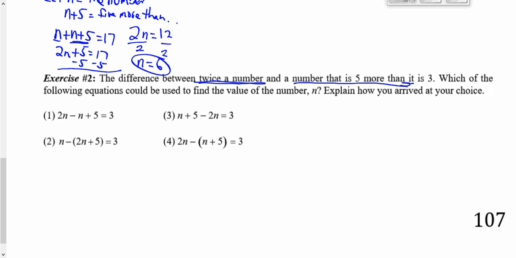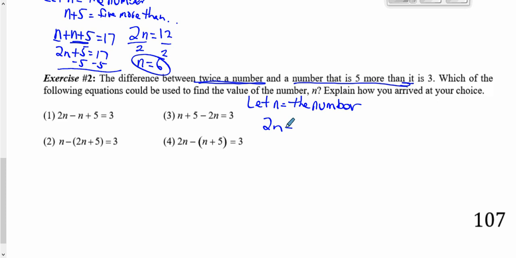Okay. So we want to let n equal the number. So the difference between a number and twice a number. So how do we write twice a number? Okay, 2n, and it says difference, so minus what?